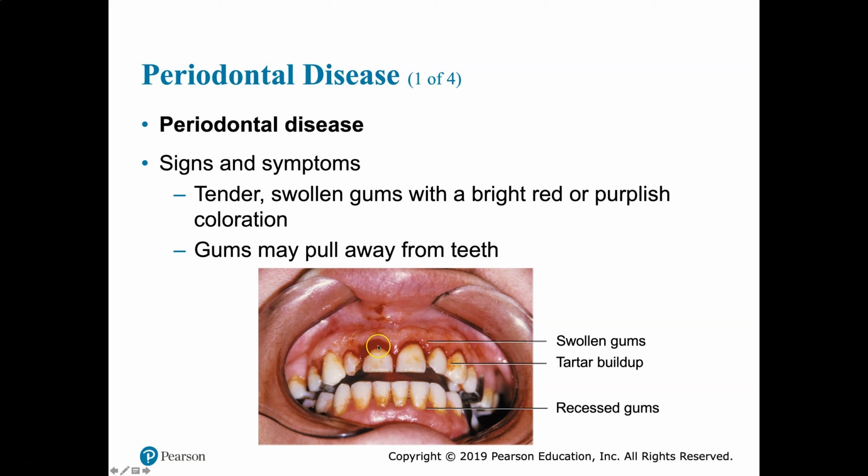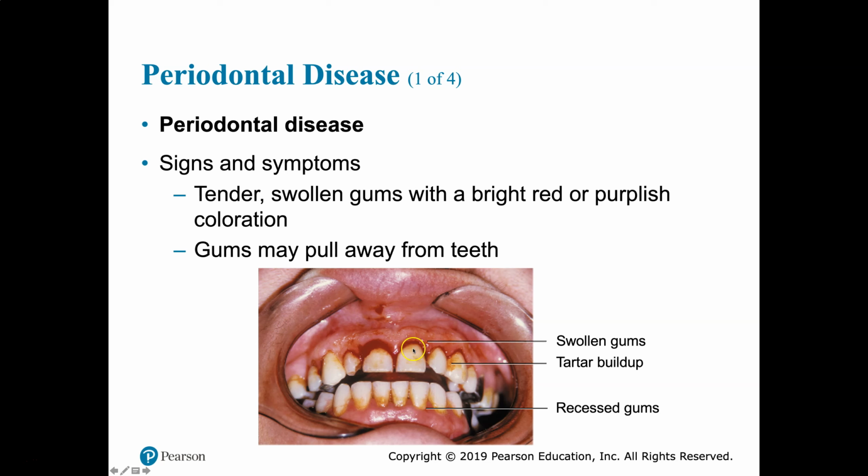So in this case, you can see that there's blood after brushing the teeth. Here's the tartar that needs to be scraped away. The other thing to take note of is the recessed gums. So at one point where all this tartar is built up, the gum line was up here. But because of the periodontal disease, the gums start to recede, and you can see it pulling down the gums.